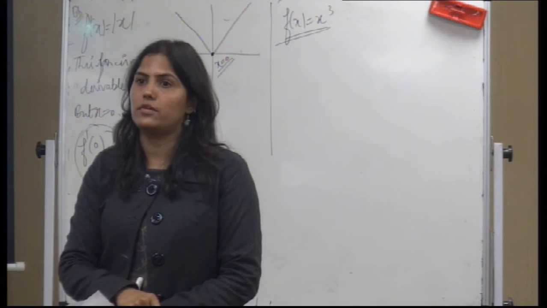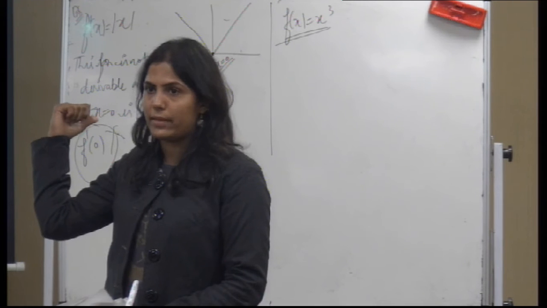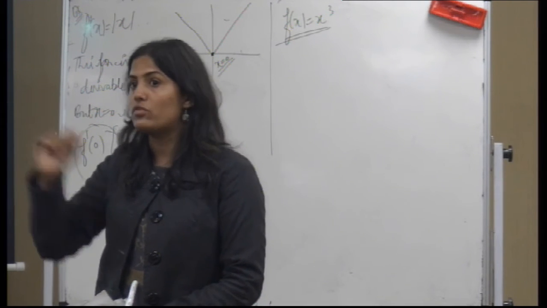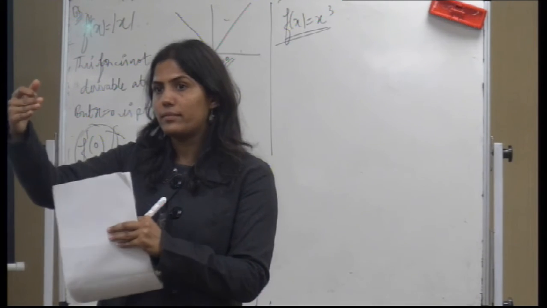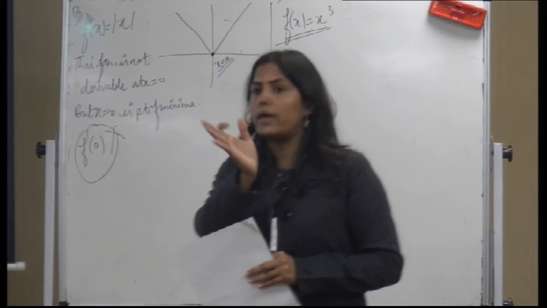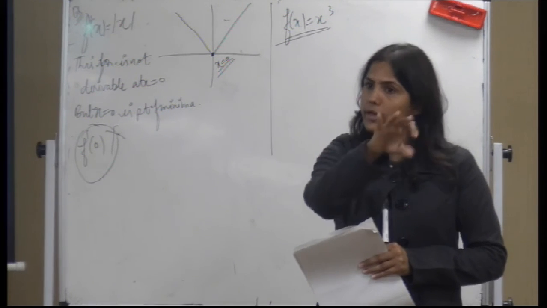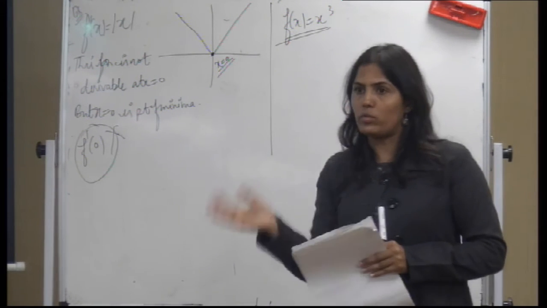This is the necessary condition. But in this case the minimum point exists, but the derivative does not exist. So you cannot connect. If you know that the point is a maximum point or minimum point, the derivative will be 0, but you cannot go conversely.